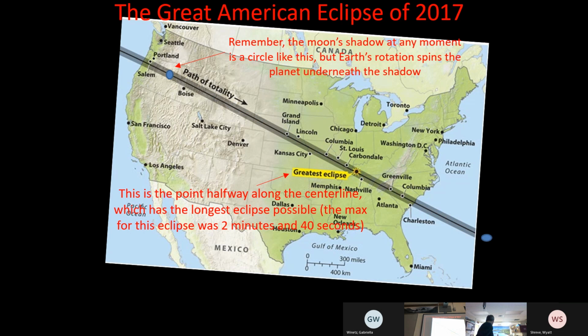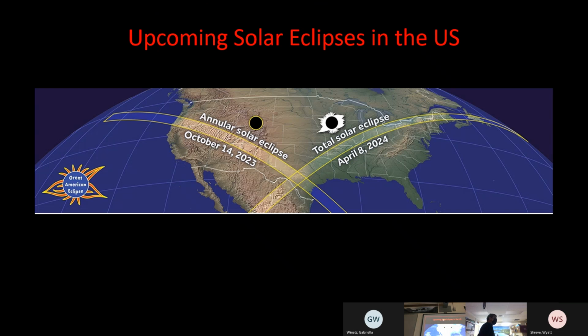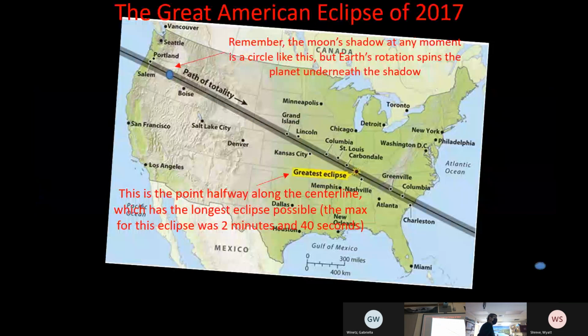Does that make sense? So this is really what's happening. There's a circular shadow that crosses different places at different moments, huh? And you've got to be there at the right time. It's too late now, right? If I was in Oregon, I would have missed it there. Got to be at the right time at the right place.